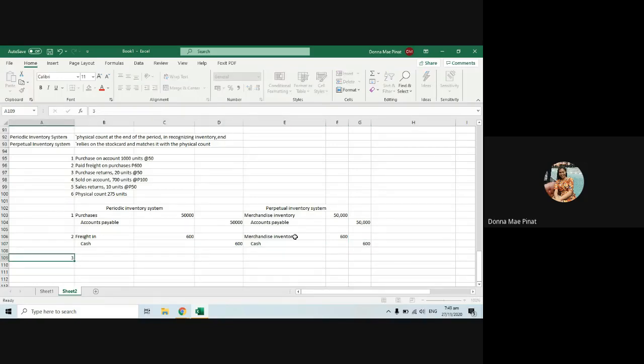Third transaction, paid purchase returns 20 units at 50. So, how will you record this in periodic inventory? Syempre, since accounts payable imong sugod, kuha nimo accounts payable. Ngayon, mag-record ka og purchase returns for 20 units at 50.